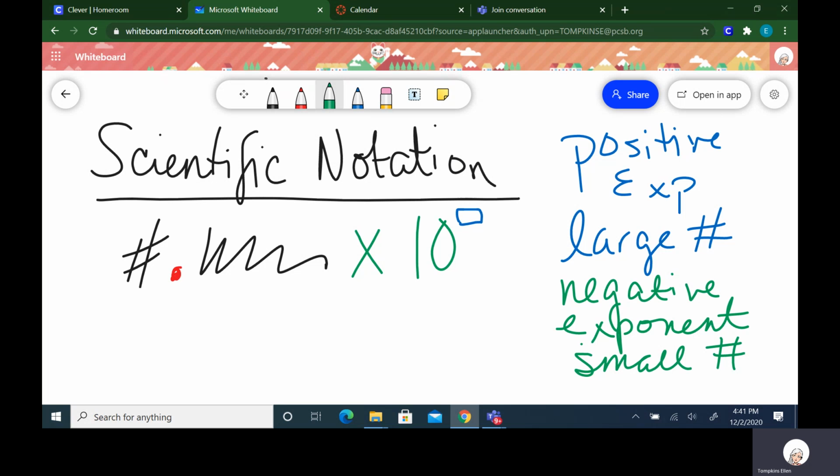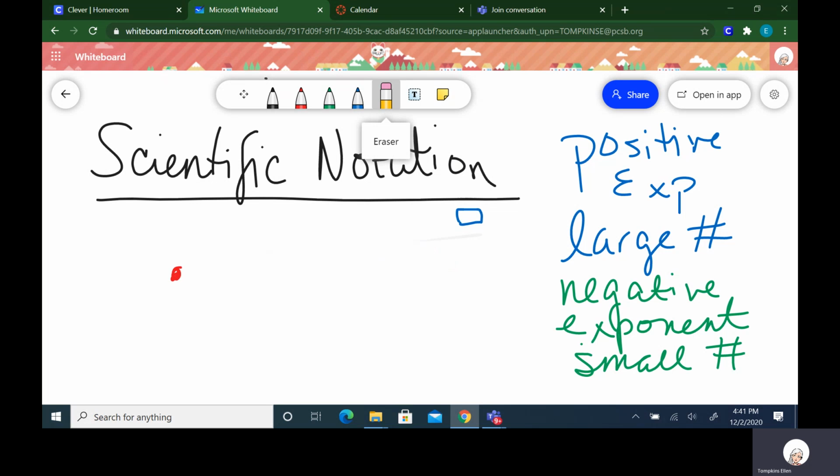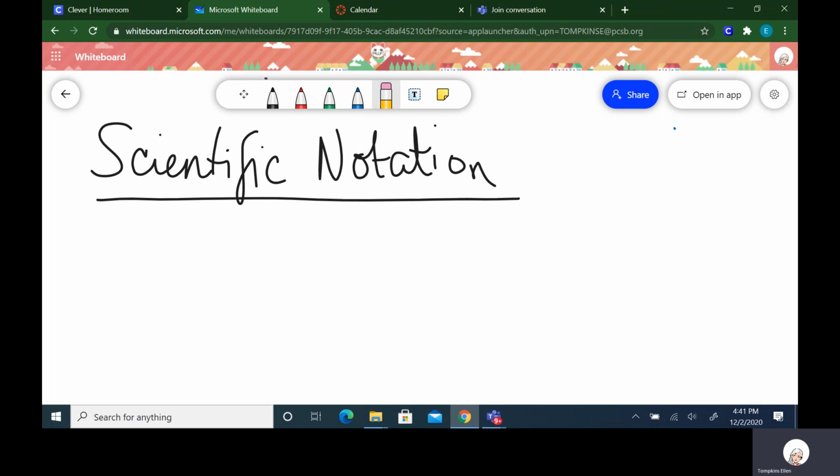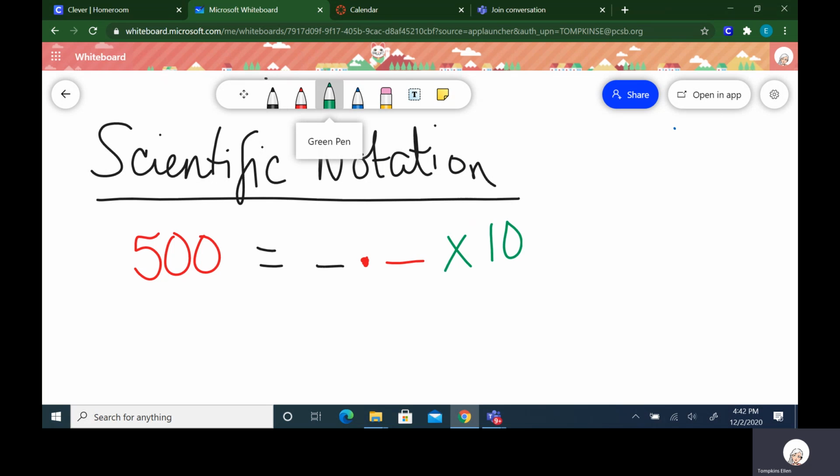All right. So what we're going to do is show how to convert from standard to scientific notation. So let's take a look at the number 500. To write that in scientific notation, I know that I need a number, a decimal, some other stuff maybe, and then times 10 always, and then this exponent, which changes depending on your number.